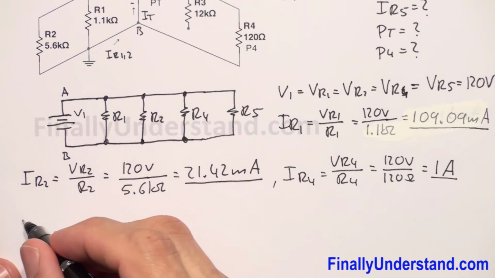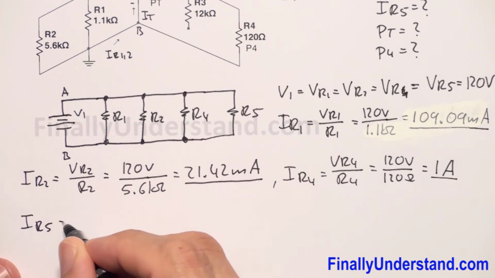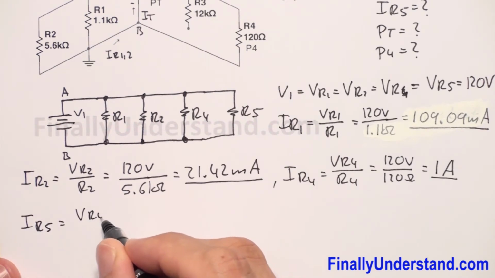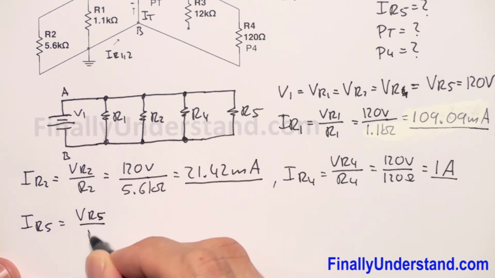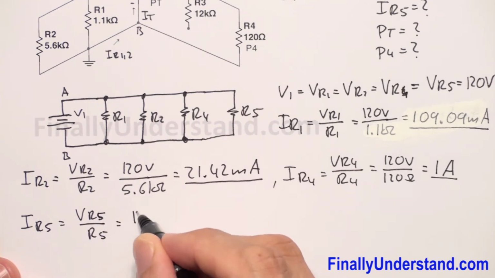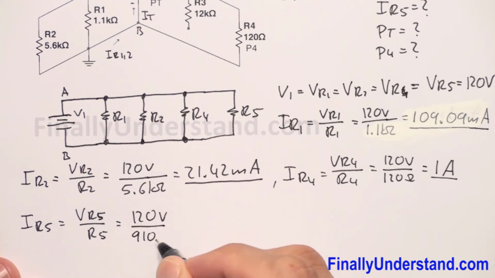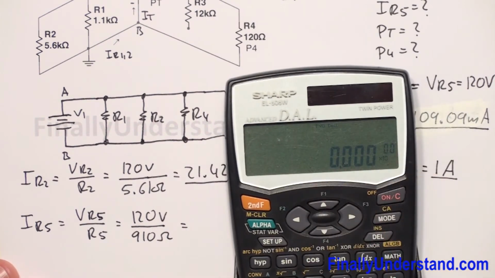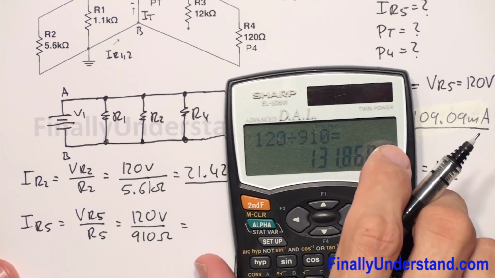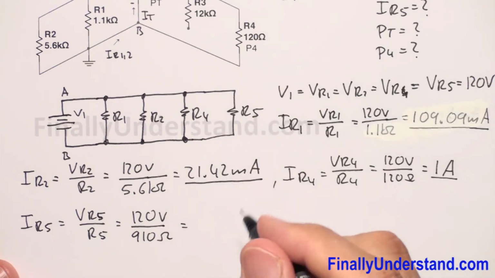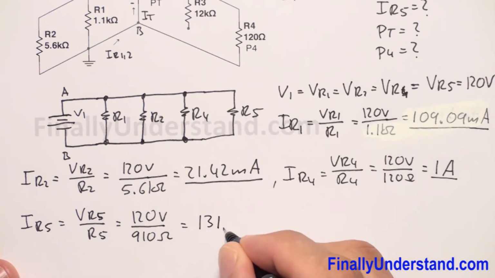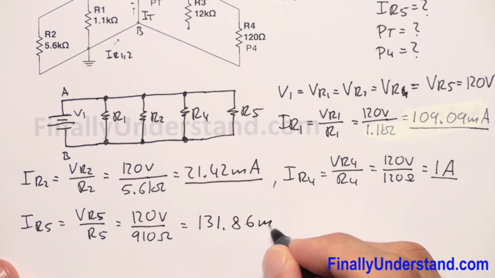Next, I'm supposed to find IR5. IR5 is equal to VR5 over R5, which is equal to 120 volts over 910 ohms. So this is equal to 120 divided by 910, which equals 131.86 milliamps.